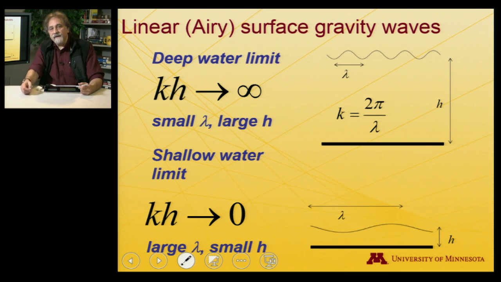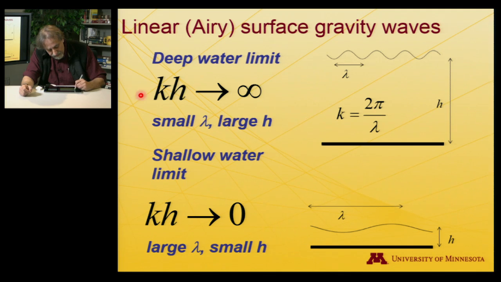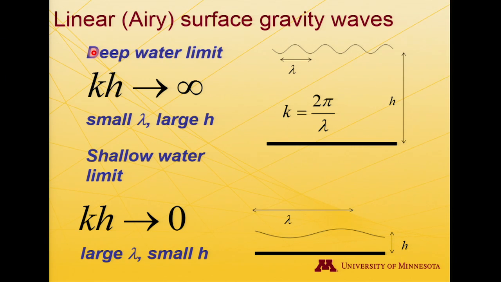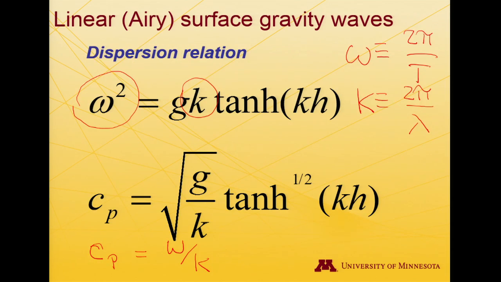We're actually not going to use the full dispersion very much, but it has two interesting and very simple limits that are actually quite useful. The first limit is the one where kh, the product kh, goes to infinity. And if we go back, I'm just going to go back a couple to this, you notice that the argument to the hyperbolic tangent here is this kh product.